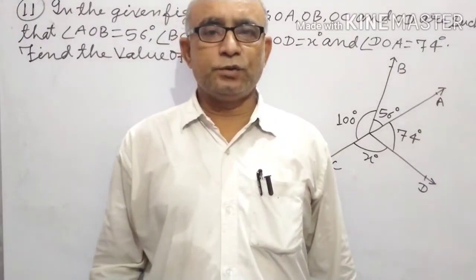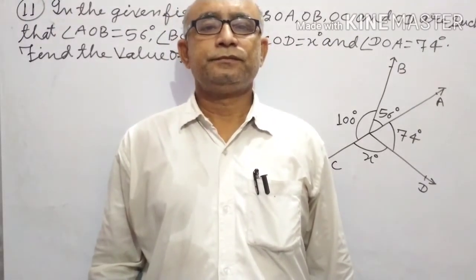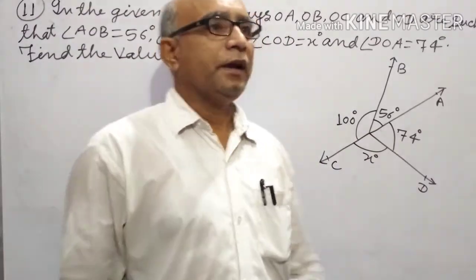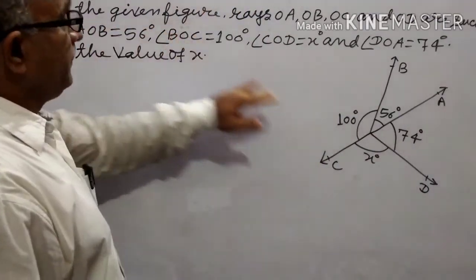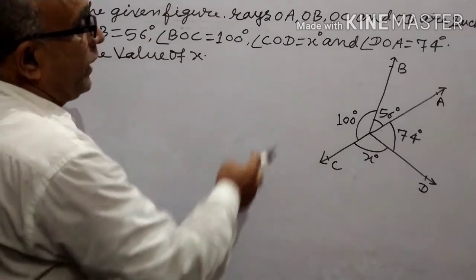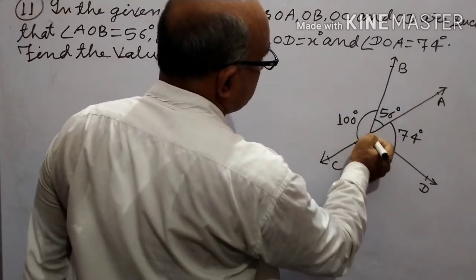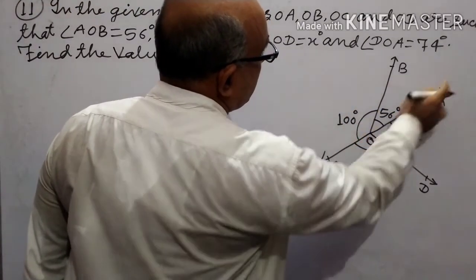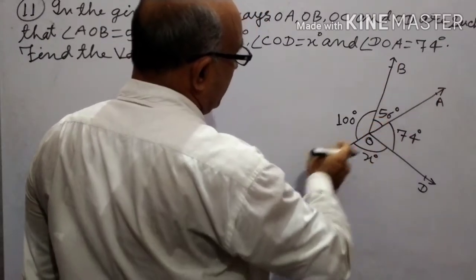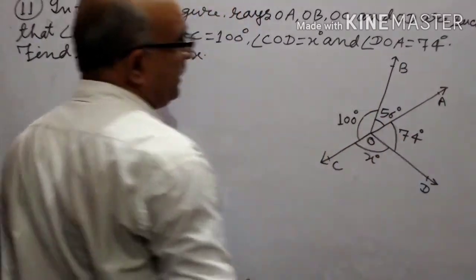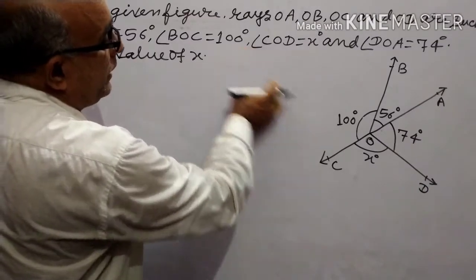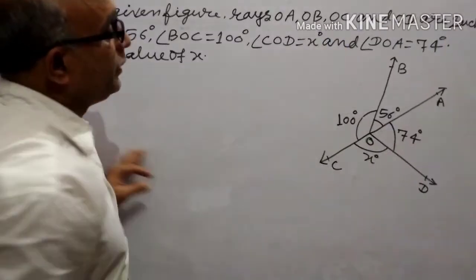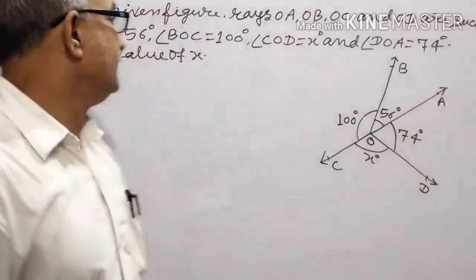Students, next question is 11. It is the last question. In this question, in the given figure, rays OA, OB, OC and OD are such that angle AOB equal to 56 degree, angle BOC equal to 100 degree, angle COD equal to x degree, and angle DOA equal to 74 degree.